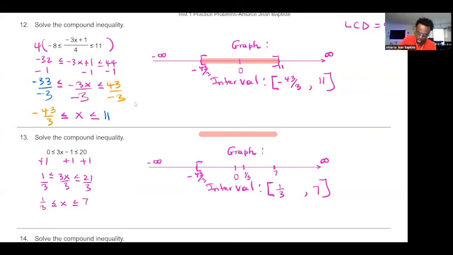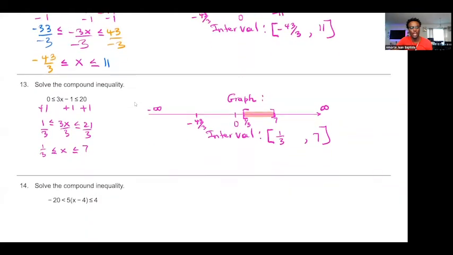And then the bracket here, I can just copy it over on 1/3. And then I also need a bracket on 7 because it's included. And then the shaded section will be the section in between the two numbers.